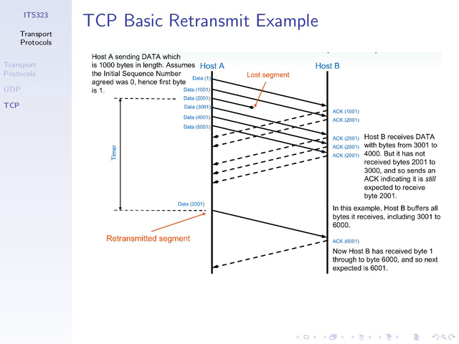Where is 2001? Well, B simply sends an acknowledgement back, but B always acknowledges the next in order sequence number expected. It's still expecting 2001. So B sends back an ACK saying, I expect to receive sequence number 2001.